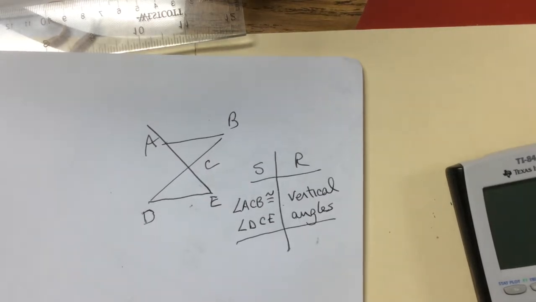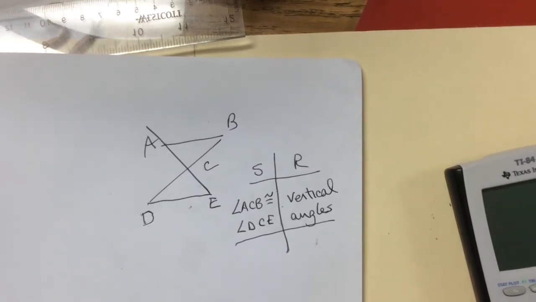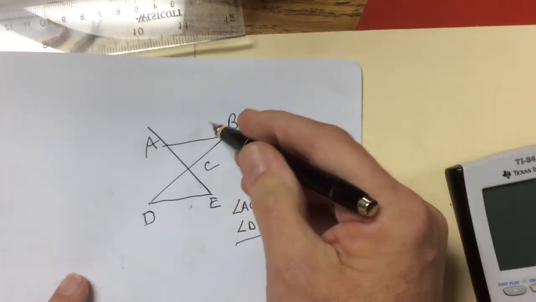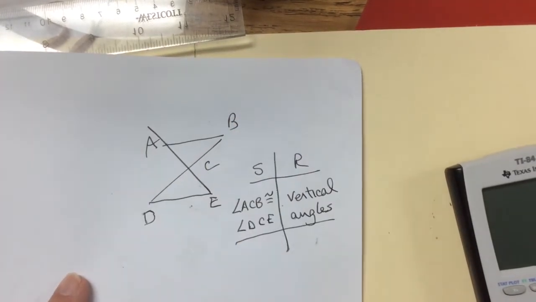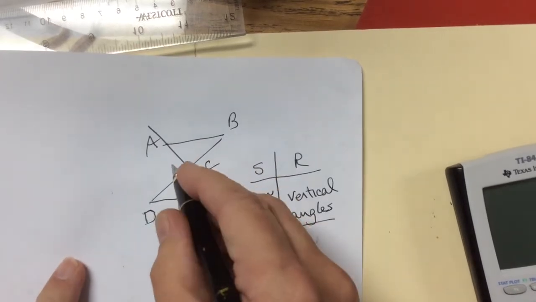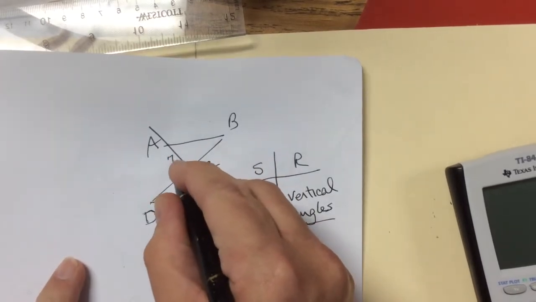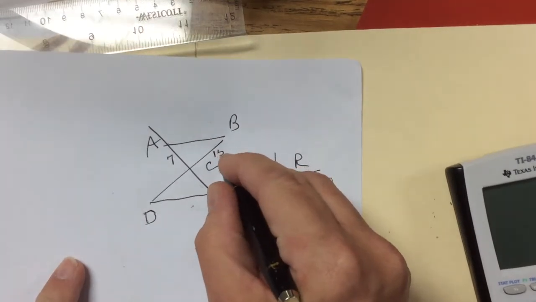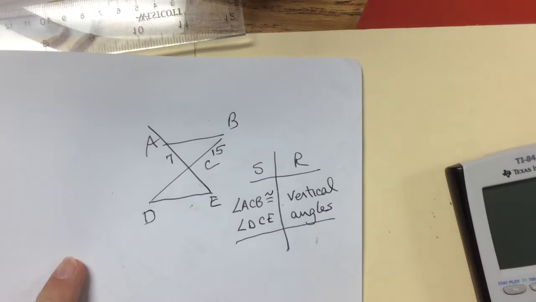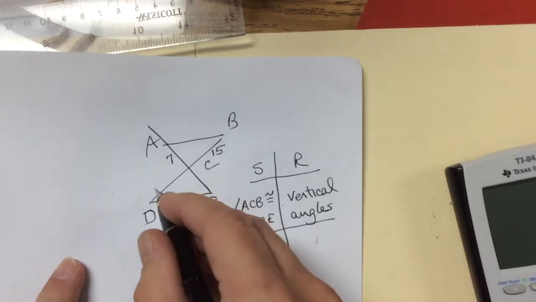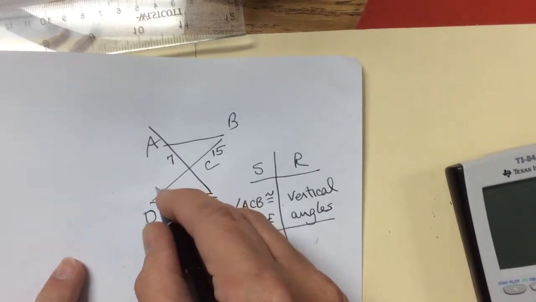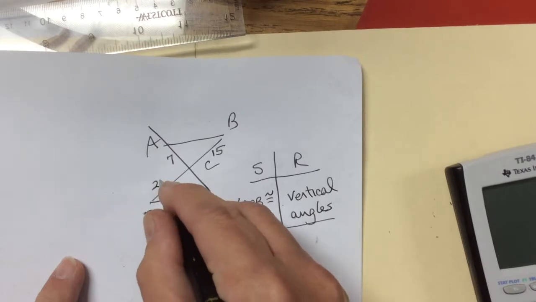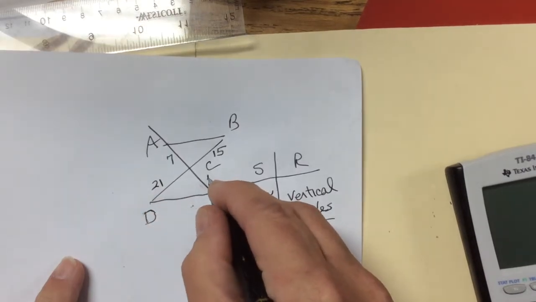Now, in order to make these similar triangles a few minutes ago, what I did was I made these two lines parallel. Well, I could do something else. What if I put a 7 here and a 15 over here, and then over here I put 21, and over here I put a 45?